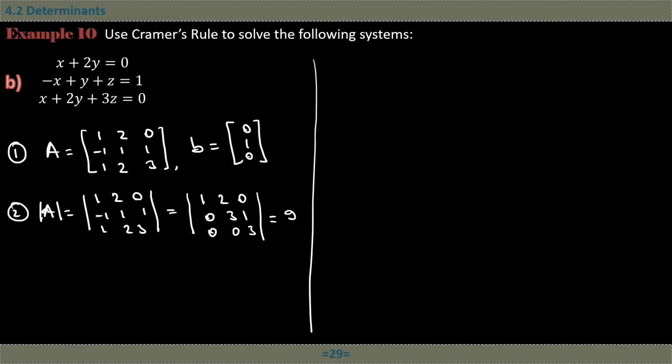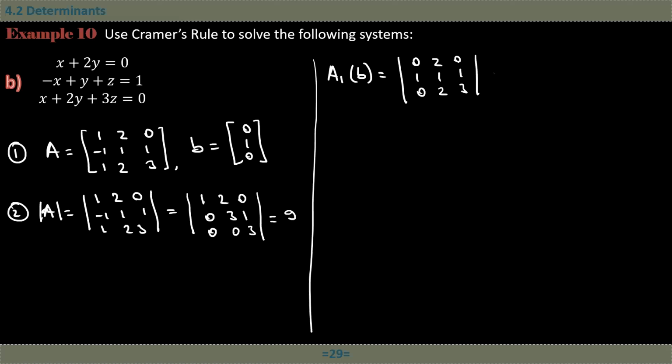So now I need to calculate these other determinants. First, let me calculate A1B. The first column is replaced by vector B, which is 0, 1, 0. The rest is the same: 2, 1, 2, and 0, 1, 3.